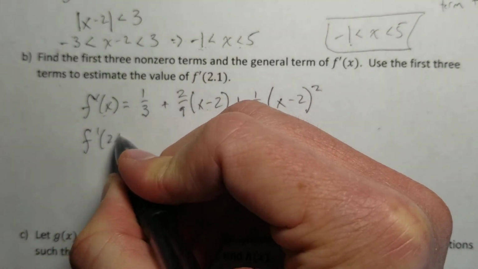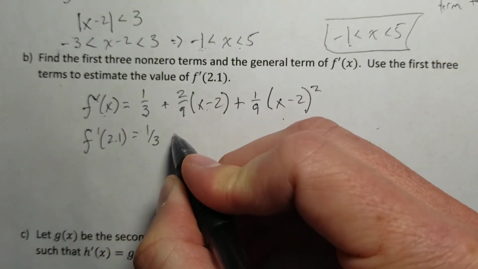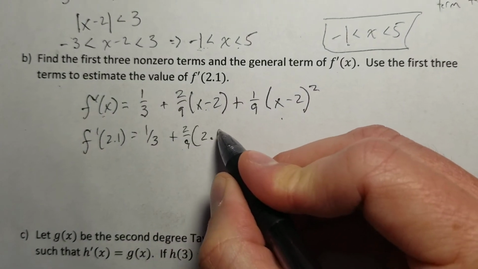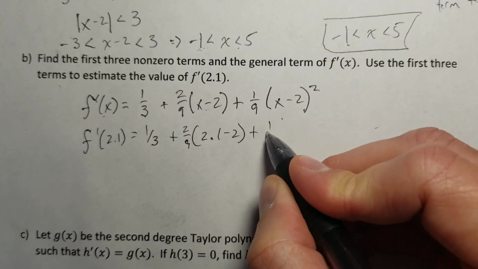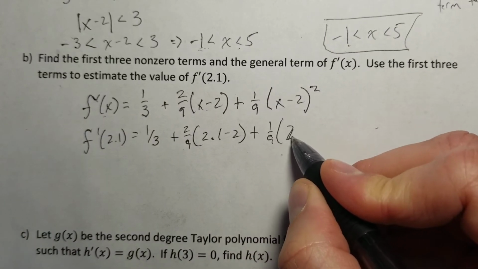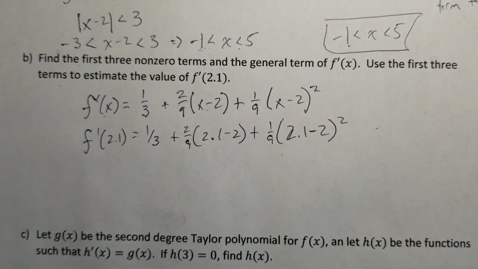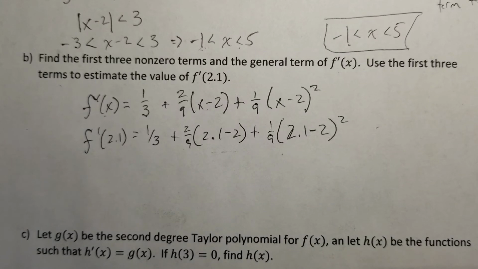So f prime of 2.1 is just going to be 1/3 plus 2/9 times 2.1 minus 2 plus 1/9 times 2.1 minus 2 squared. And simplify to your heart's content. I am content now, so I'm going to move on to letter C.